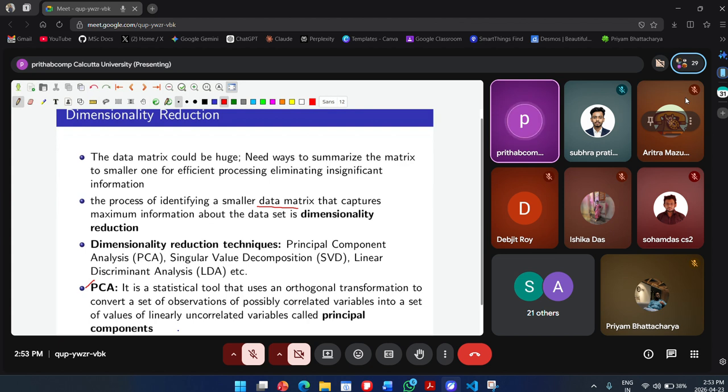And the task is to find out these vectors where if you project the data set, then your loss is minimum. Okay. Now, how the loss is defined, we will see to it. How you are computing loss, I mean, what is the terminology of loss? What should the loss of information be?